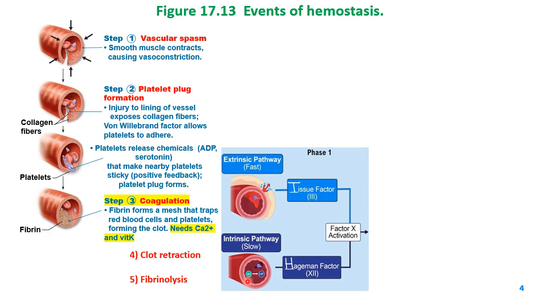Okay, all right, so if you have factors that are inside of the blood and you're not really exposing anything to the outside of the blood, you call those intrinsic factors, right? This process of coagulation is slower than the process that is called extrinsic pathway.